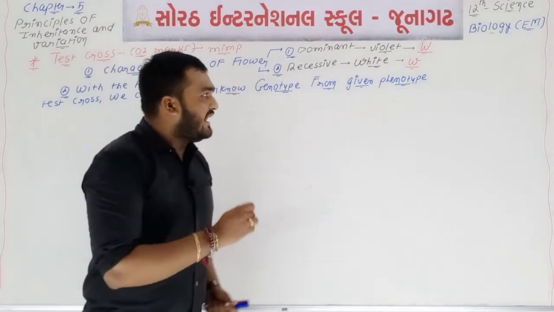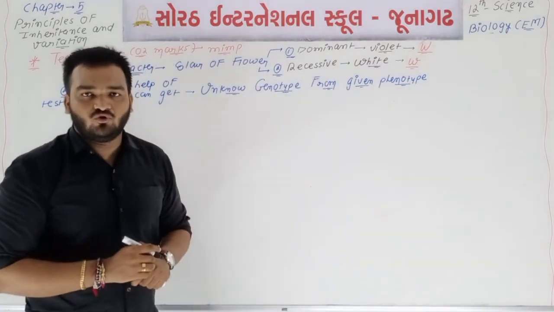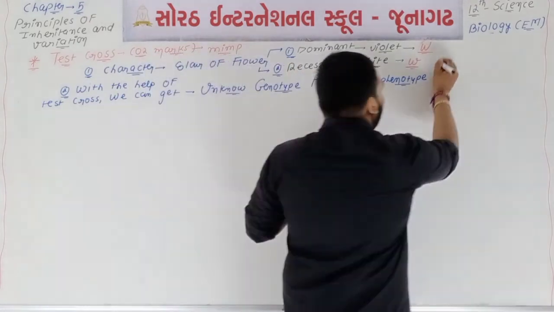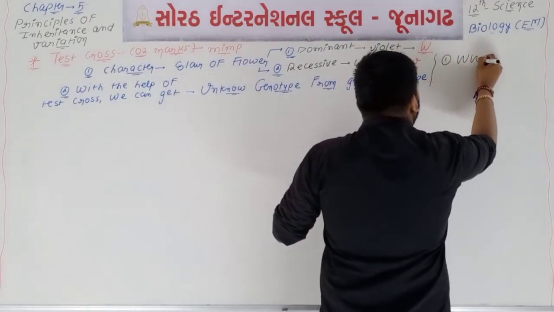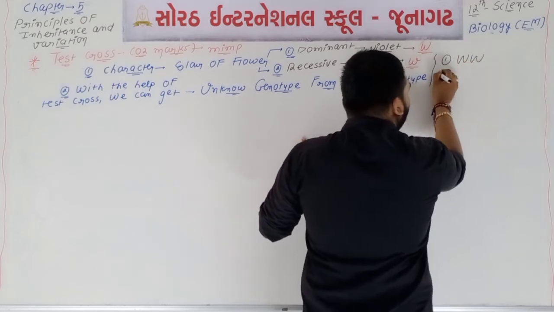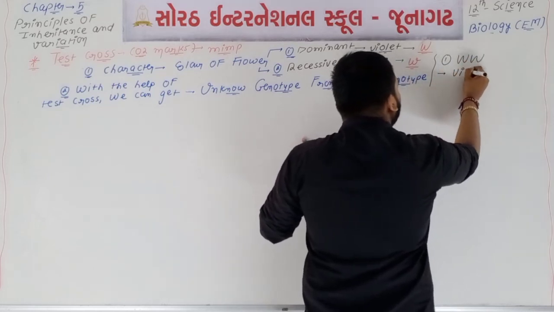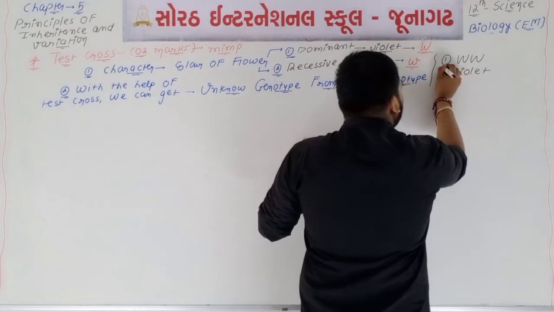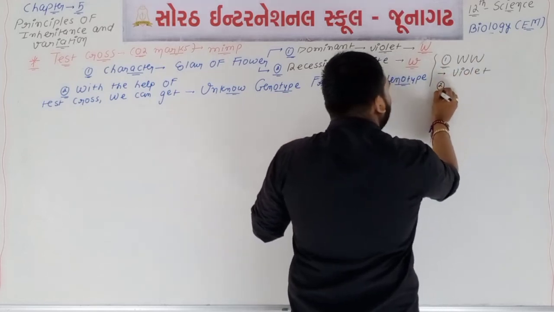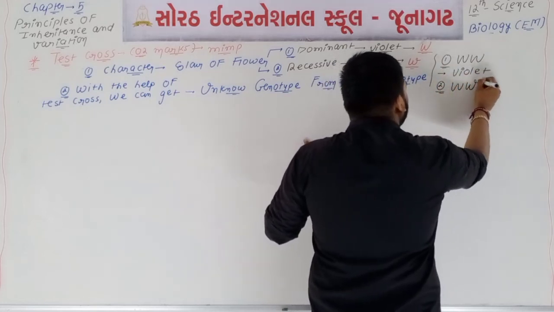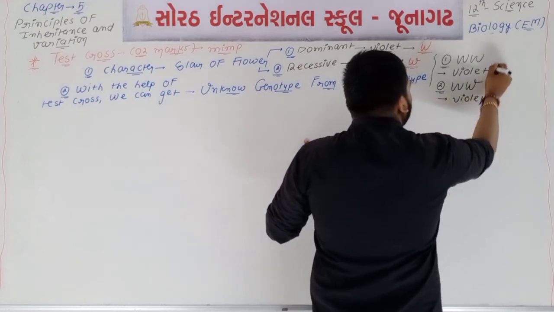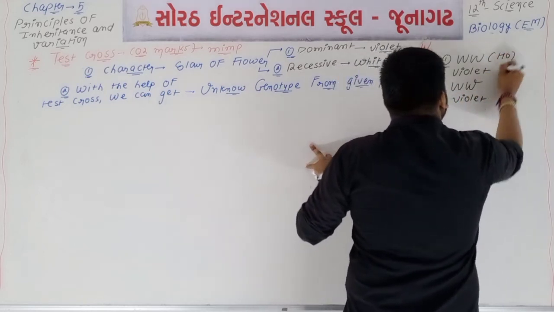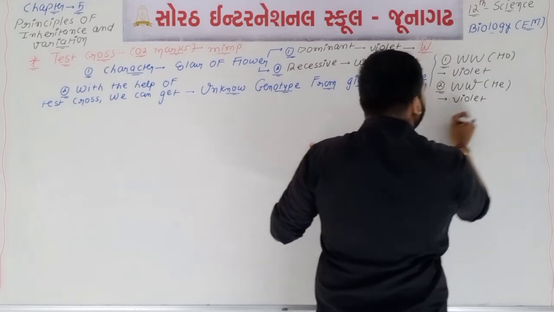So now we are writing some options or possibilities. Pair number 1, if we write capital W capital W, it is the genotype, then the phenotype will be violet. Point number 2, if we write capital W, small w, it will also be violet. It is heterozygous.